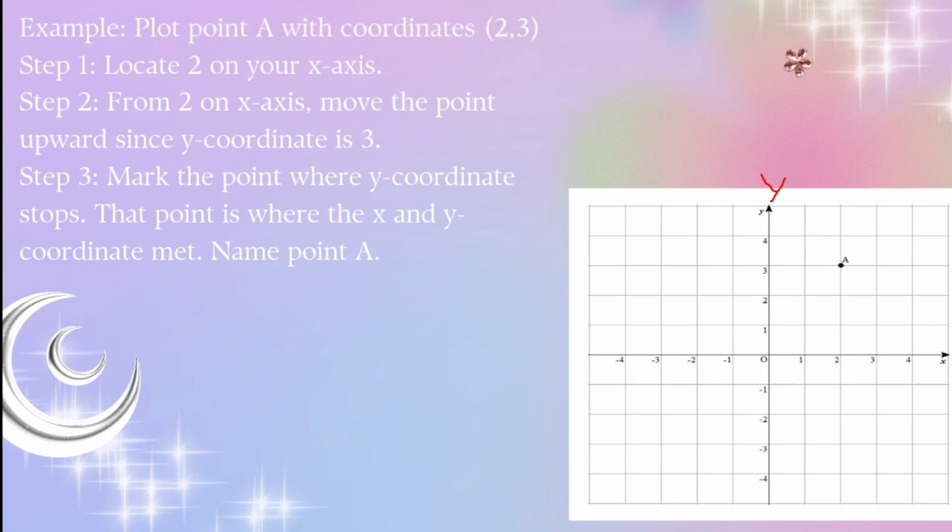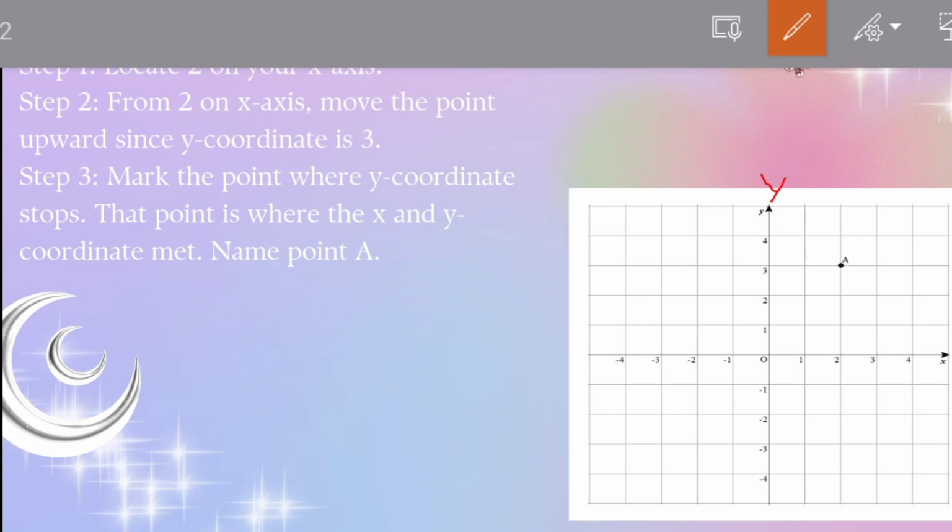Step 2. From 2 on x-axis, move the point upward since y-coordinate is 3. So, ang atong 2 naa sa x-axis, and ang atong 3 is nasa y-axis. And we have to move the point upward.